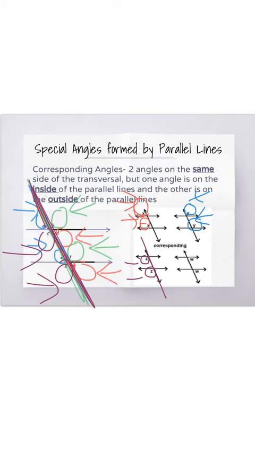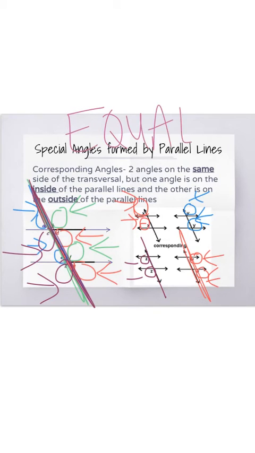And W, same side again, but one is inside and one is outside. The cool thing about corresponding angles is that they are equal, which means that if you know the measurement of one, you know the measurement of the other. So if one was 160 degrees, then the other one's 160 degrees.